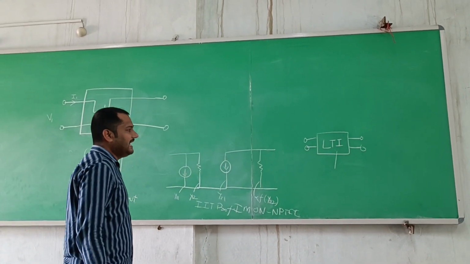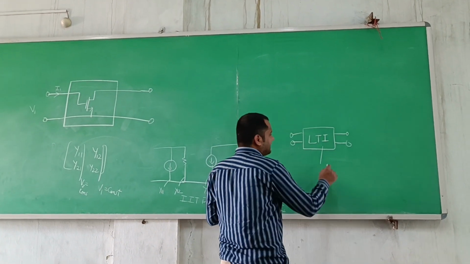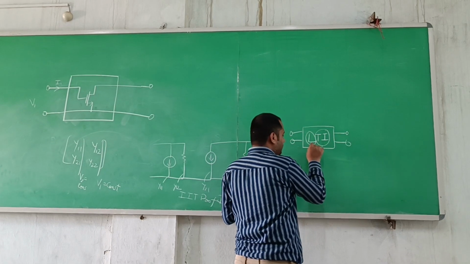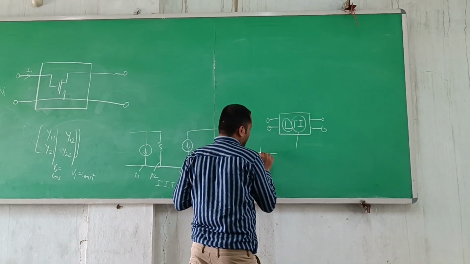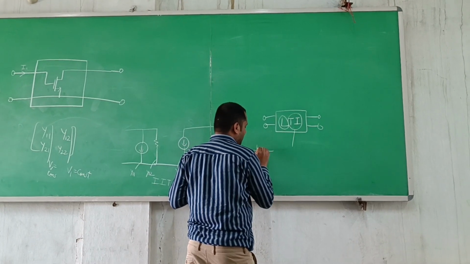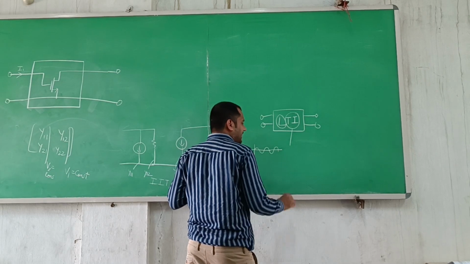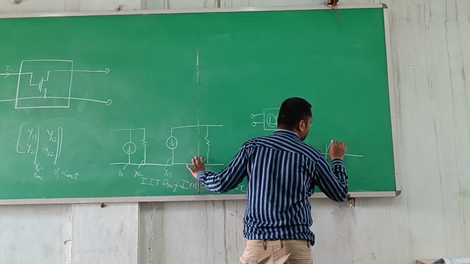So for an LTI system, what do we mean? TI means time invariant and L is for linear. Suppose this is an amplifier and we apply an input waveform, and after passing through this amplifier we get an output waveform like this.